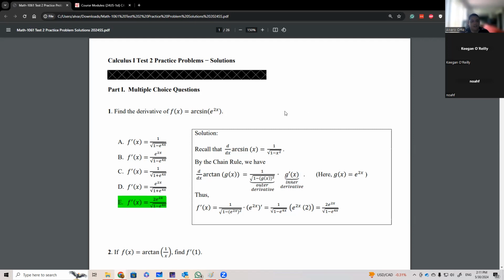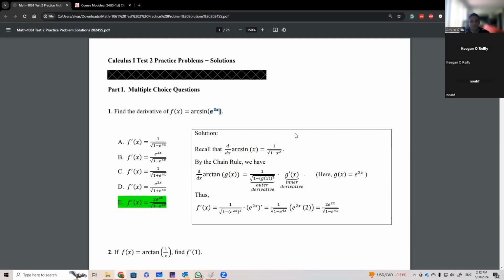So I'm going to start with some of the multiple selection questions here. For example, we have one in terms of the chain rule. We have that f of x is arcsine of e to the 2x. Of course, this is a chain rule because it's a composition of one function with another function, and that's what immediately tells you this is a chain rule.